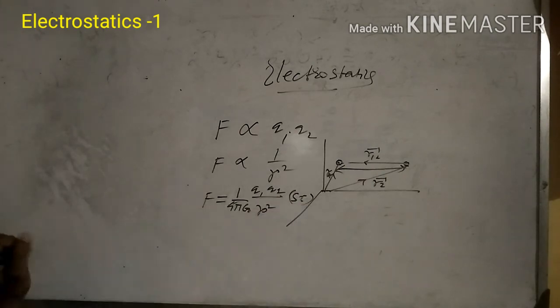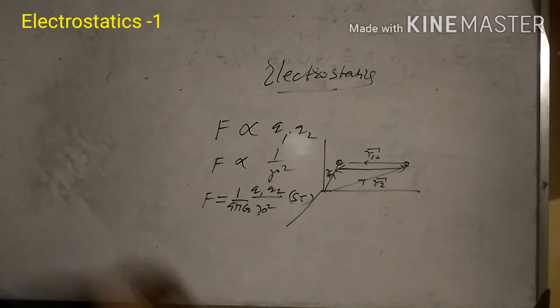That is, the force will be found in Newtons. Here 1 by 4 pi epsilon 0 is the proportionality constant, and epsilon 0 is called the permittivity of free space. This is Coulomb's law.